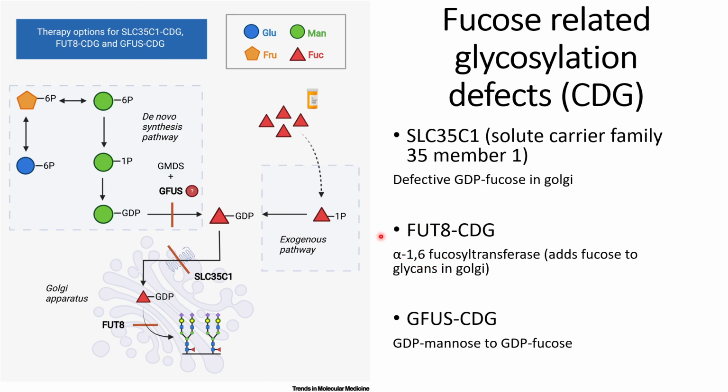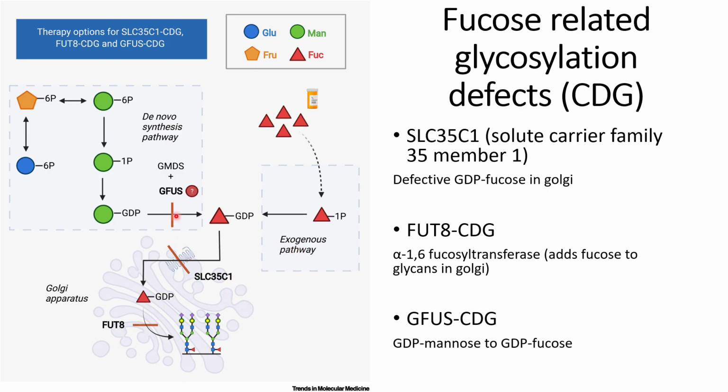And in case of FUT8 CDG, what happens is that the enzyme's function will be bypassed by directly providing the fucose 1-phosphate within the cells through this exogenous pathway.